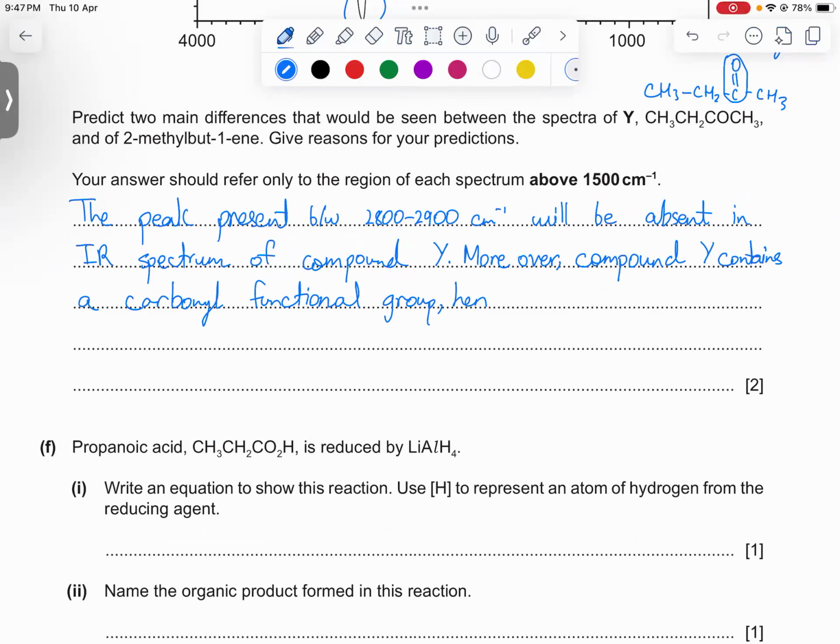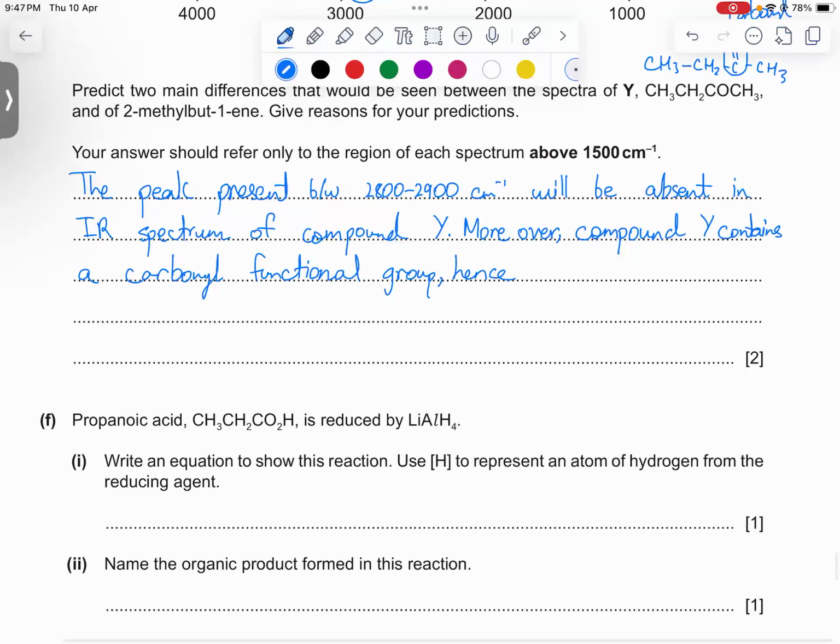Hence, you can write the absolute correct value from the data booklet, but I remember it to be 1650 to 1750.